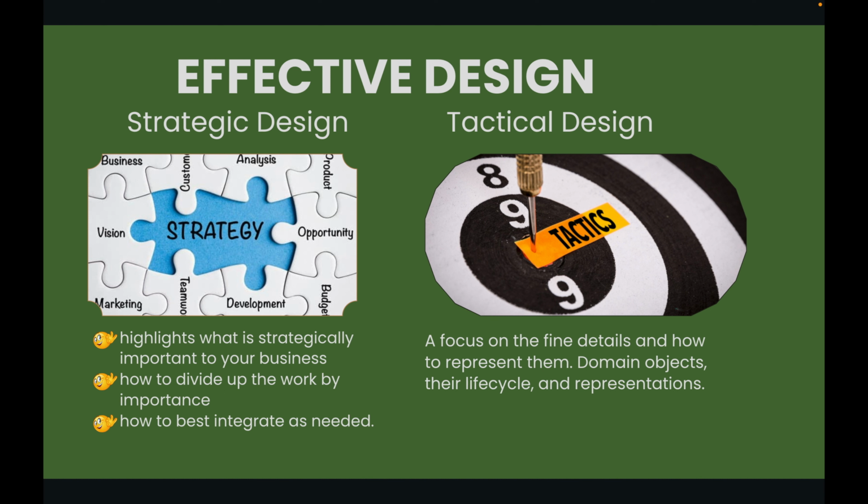So let's get into design. I mentioned strategic and tactical design earlier when I was defining DDD. So what is strategic design? It does three main things. It highlights what is strategically important to your business, how to divide up the work by importance.